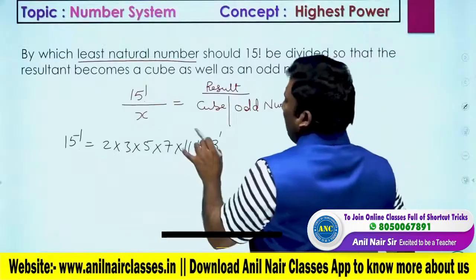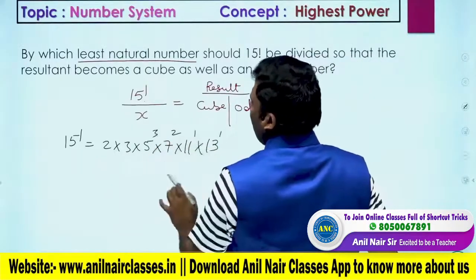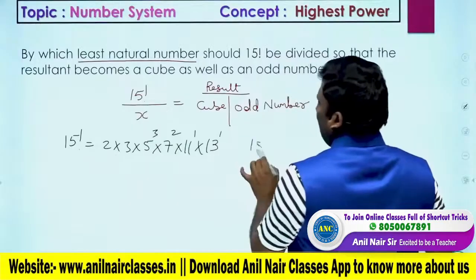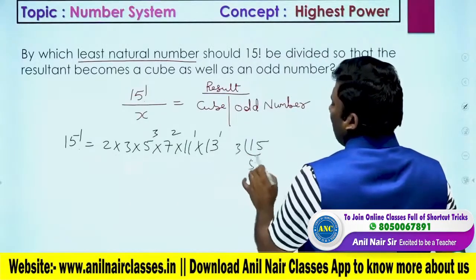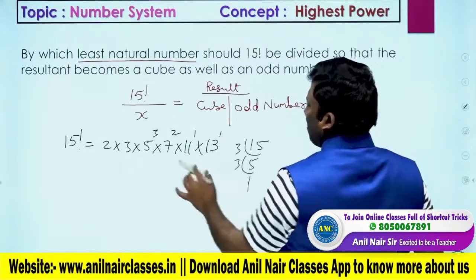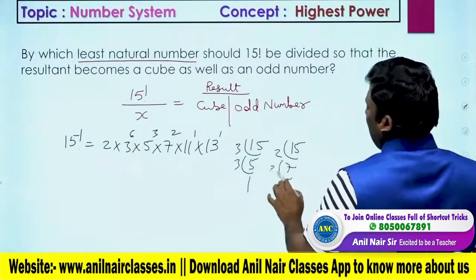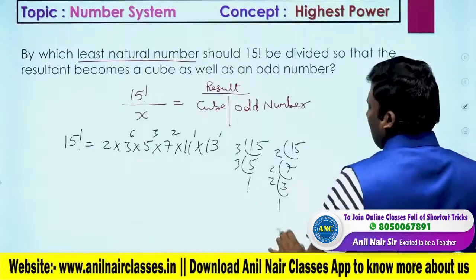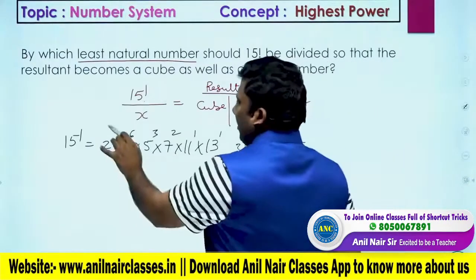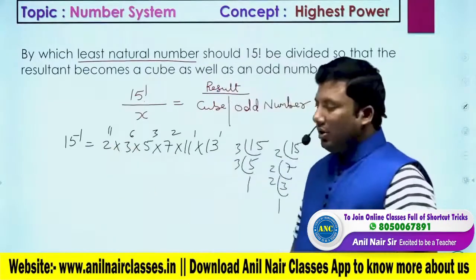For 3 it will be 6. For 5, it will be 3. For 7, it will be 2. For 11 and 13, it will be 1 each.